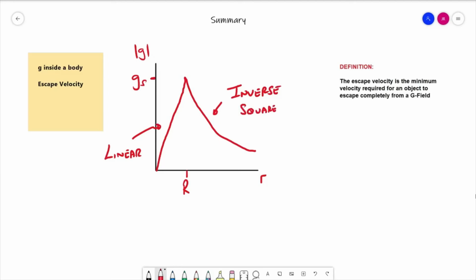Secondly, we looked at escape velocity, and we got the definition of escape velocity as the minimum velocity required for an object to escape completely from a gravitational field, where the escape velocity is greater than or equal to the square root of 2GM over r.